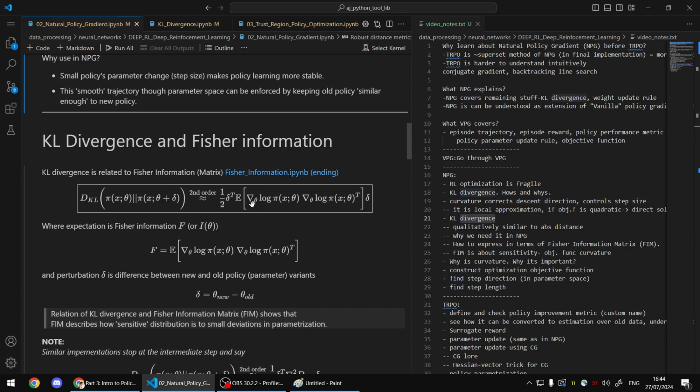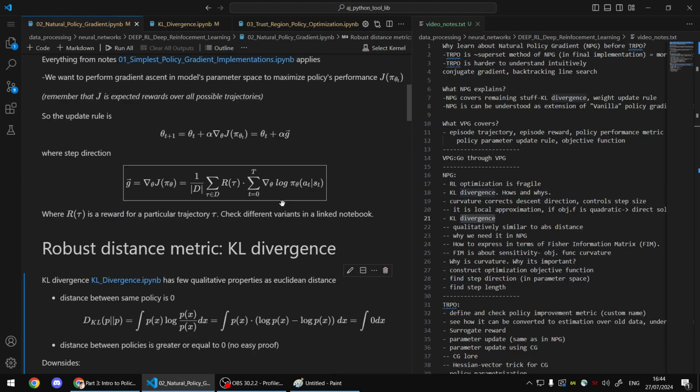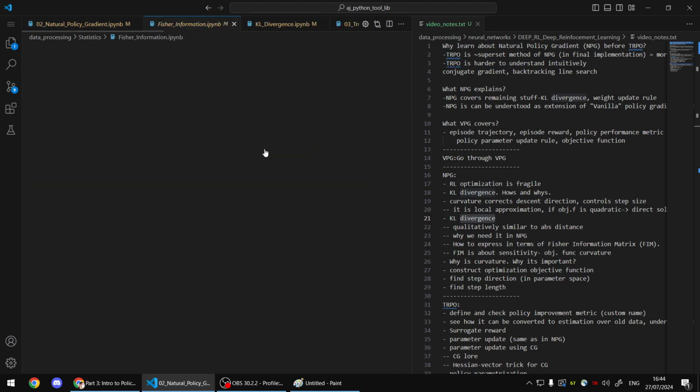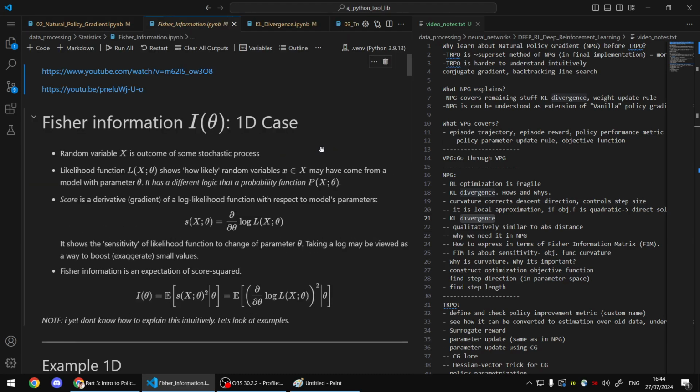In fact, you see this gradient of the log of our policy, and we already use it for our gradient expression. I can make a fast crash course on how to derive this.